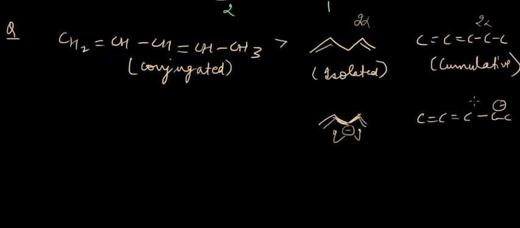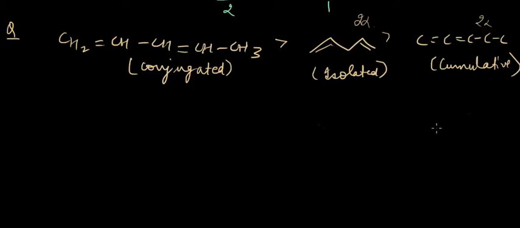Hence, even if the number of alpha hydrogens is the same in both compounds, this is more stable than this one. These are the types of tricky examples you might face from the exams perspective, so you need to practice a lot on these types of examples to get more hands-on experience.